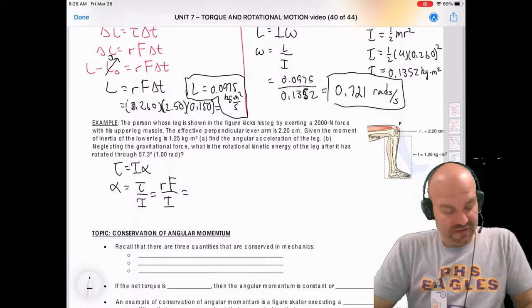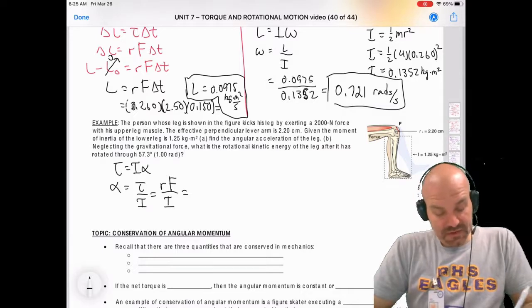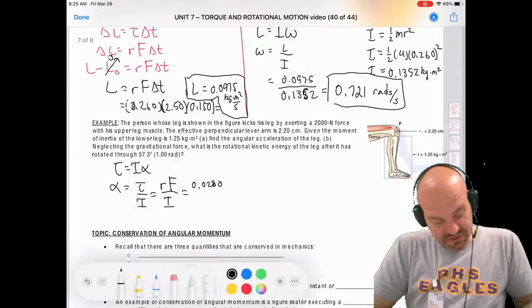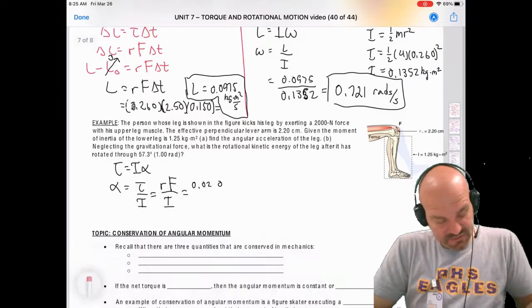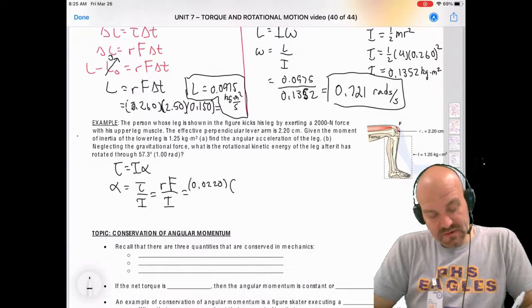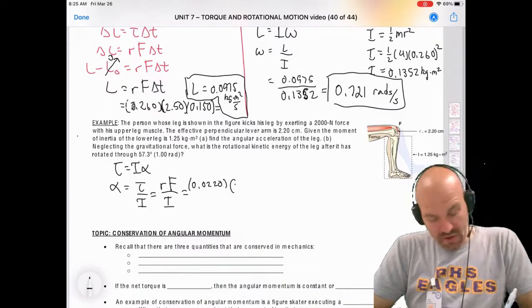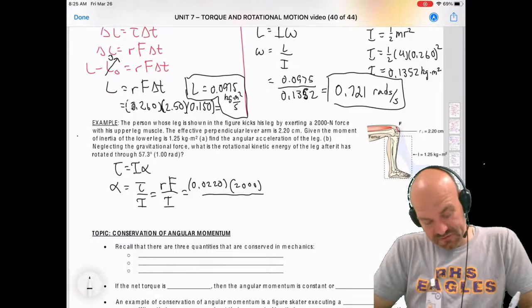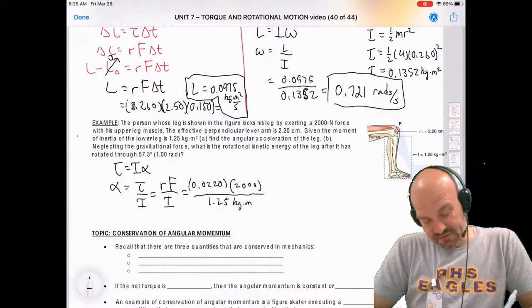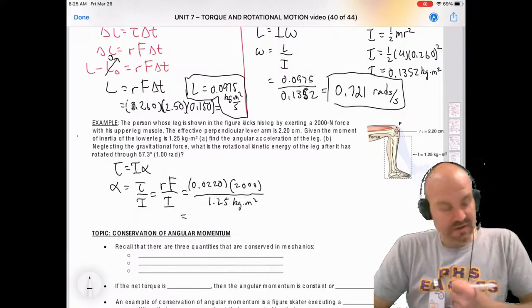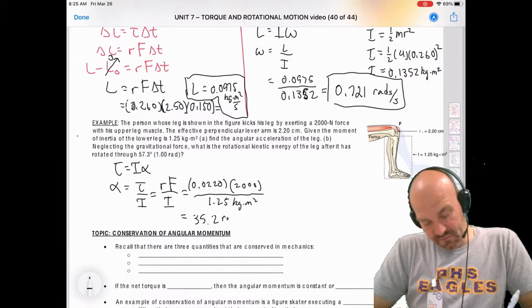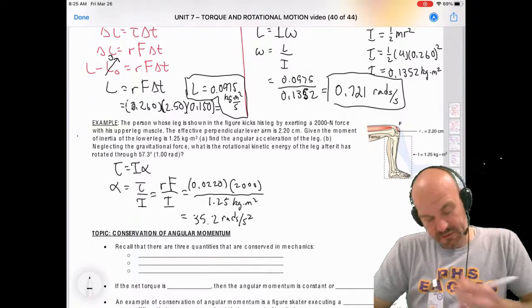They tell us a radius of 0.0220. Sorry, that looks like an 8. I always think that I'm just writing with a regular pencil and I can write over it heavier and it will look normal. So applying a force of 2,000 newtons with a moment of inertia of 1.25 kilograms times meters squared, the angular acceleration of the leg will be 35.2 radians per second squared.